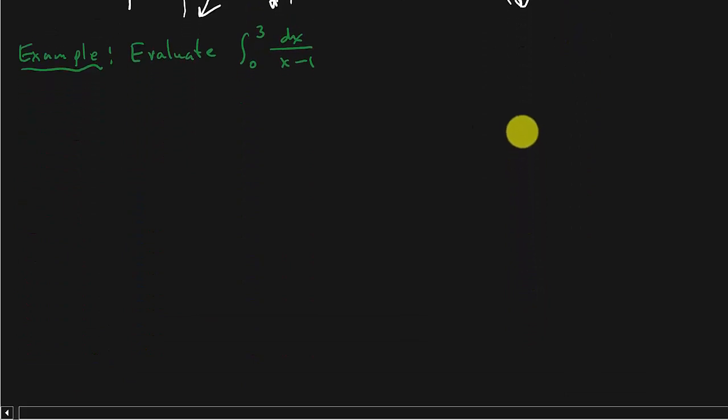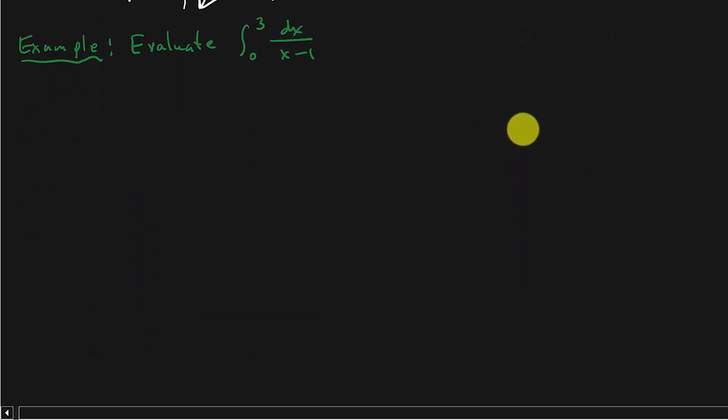All right, so let's take a look at another one. This one's a little bit different than the one we just worked. We've got the integral from 0 to 3 of dx over x minus 1.